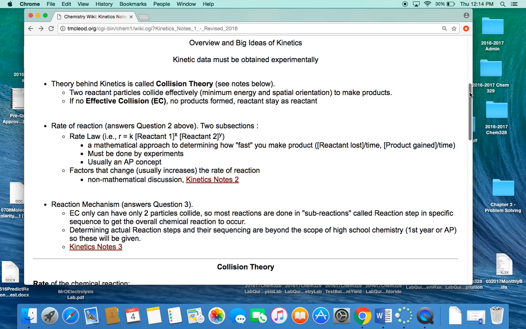So that's what this is. When the particles collide, what happens? Well, if it's a chemical reaction, they collide and they reorient themselves and they fall apart as reoriented differently. So that's what collision theory is saying.